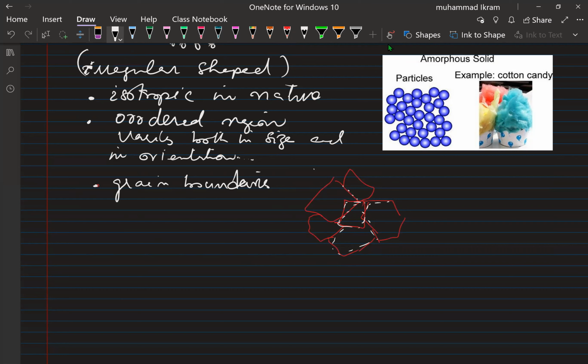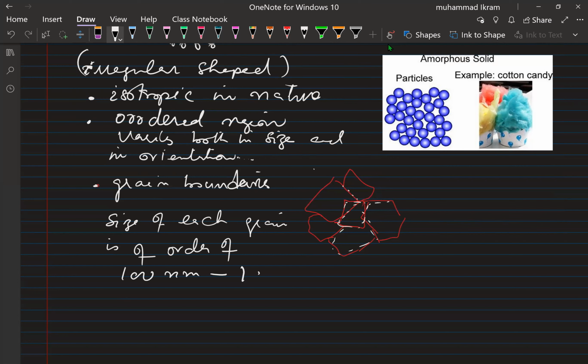The size of each grain is of the order of 100 nanometer to 100 micrometer.